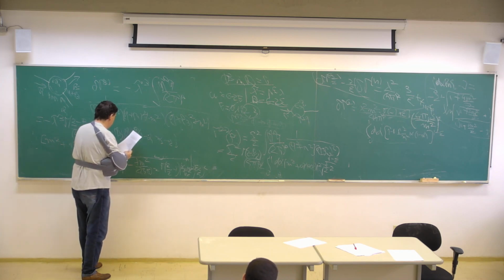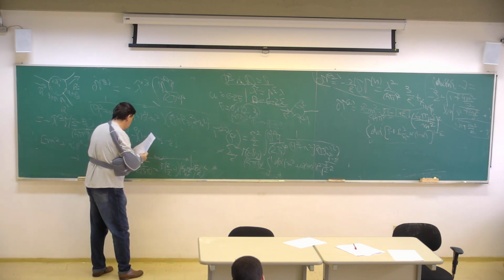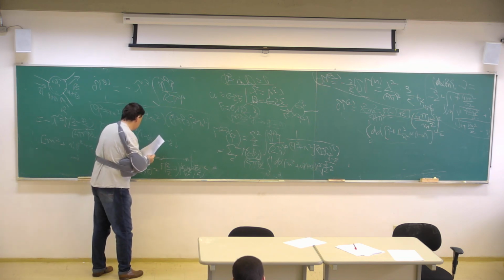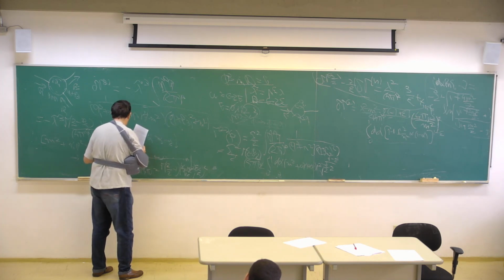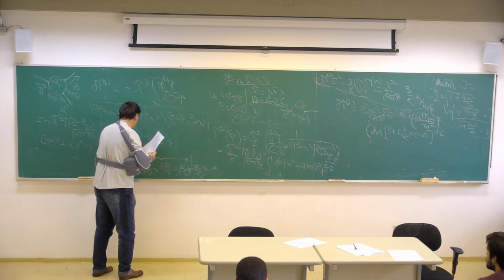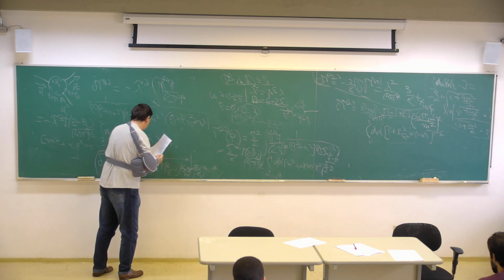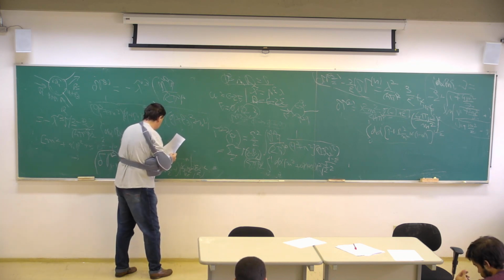Then minus alpha 1 p1 minus alpha 3 p3 squared, to d over 2 minus 2.